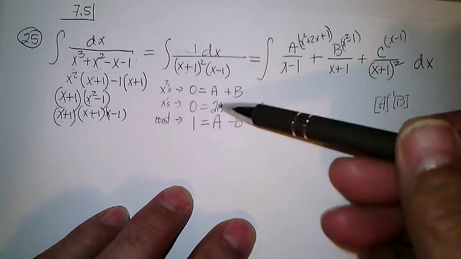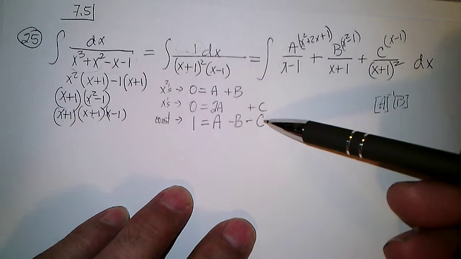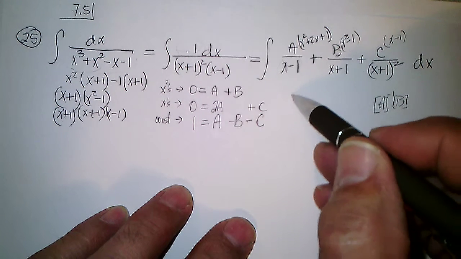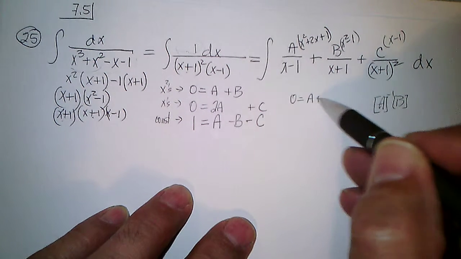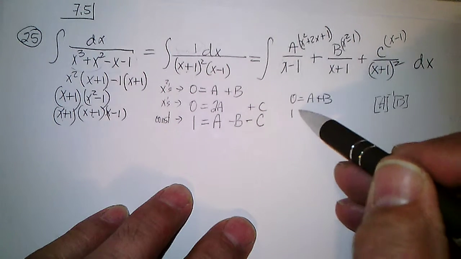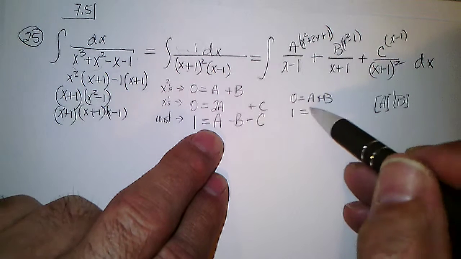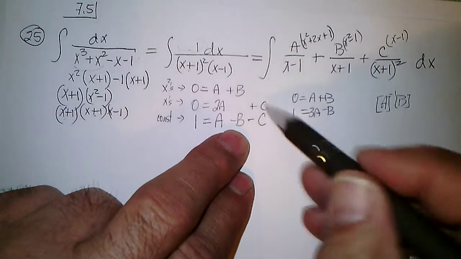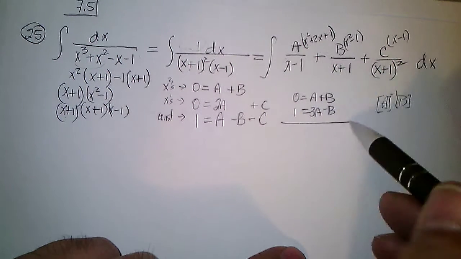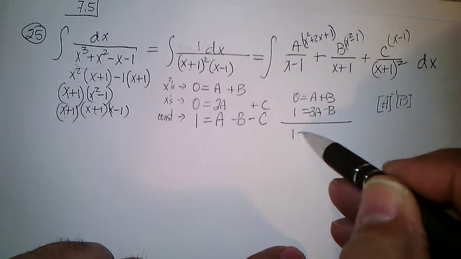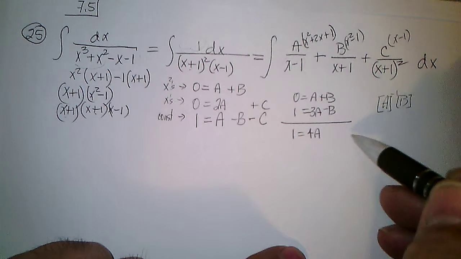If you add these two, we'll get something without a C in it. And we already have an equation, 0 equals A plus B. And these two added together would be 1 equals 3A minus B, and that would have no C's. These added together, and the B's would drop out, and I'd have 1 equals 4A.